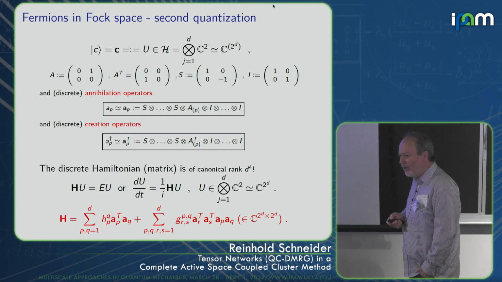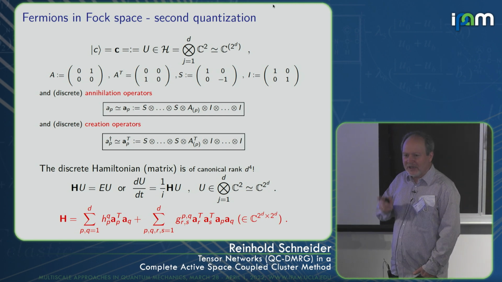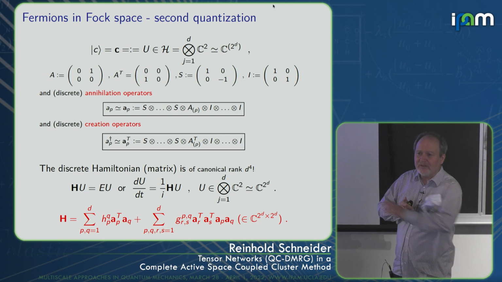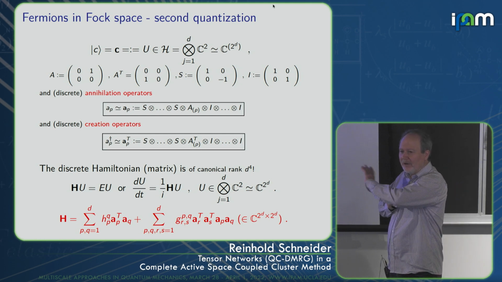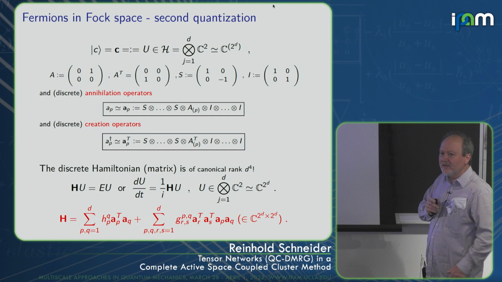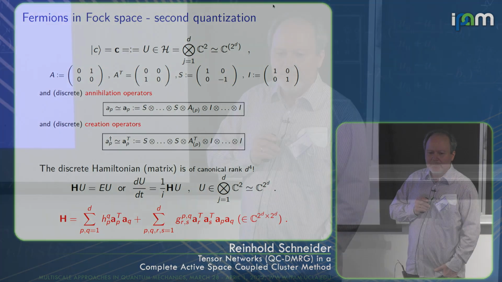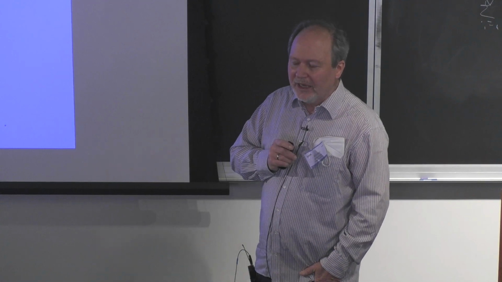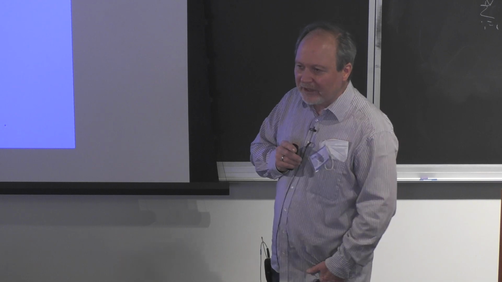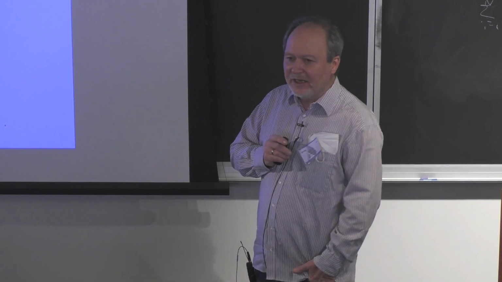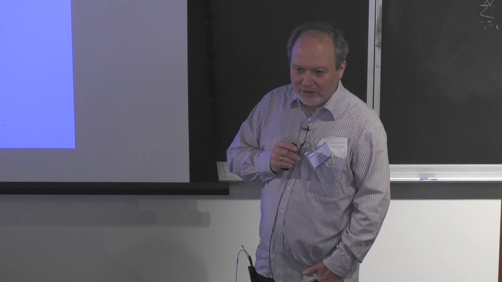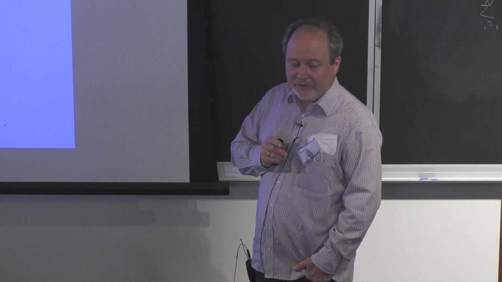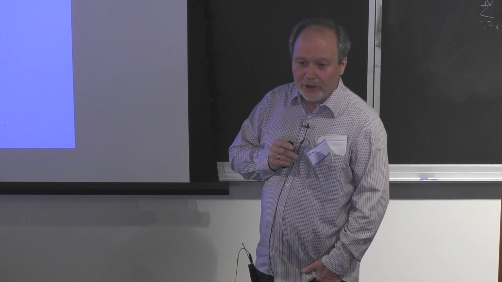So these methods are converging. Physicists are telling you in quantum chemistry that it doesn't make sense, but no, they are converging, but they are converging slowly. And in particular, the coupled cluster singles and doubles solution, if you put it in this framework, converges slowly.